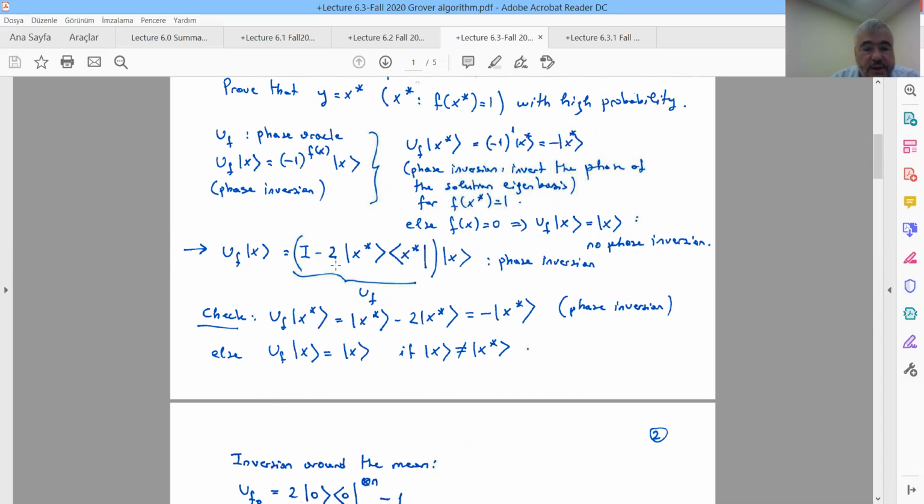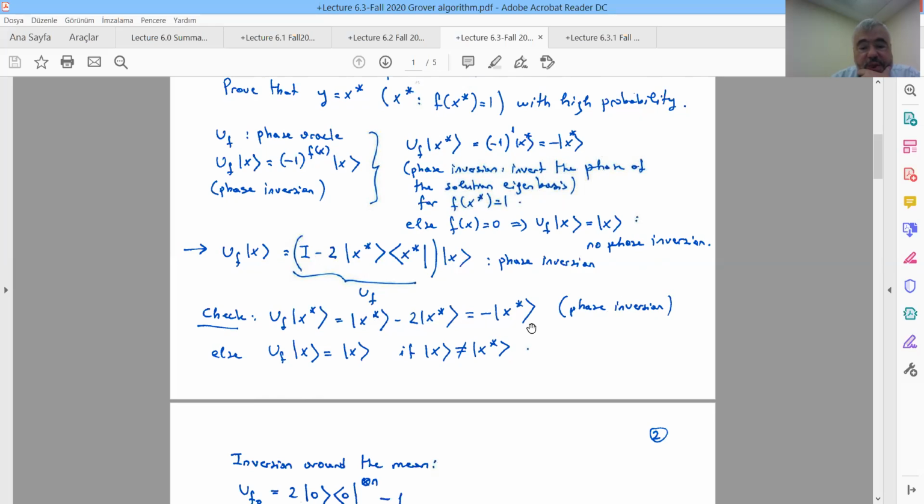And you have I, the identity matrix, multiplied with the ket x star state, which would be ket x star. So you would end up with ket x star minus, due to this -2 coefficient, 2 ket x star, which equals minus ket x star.